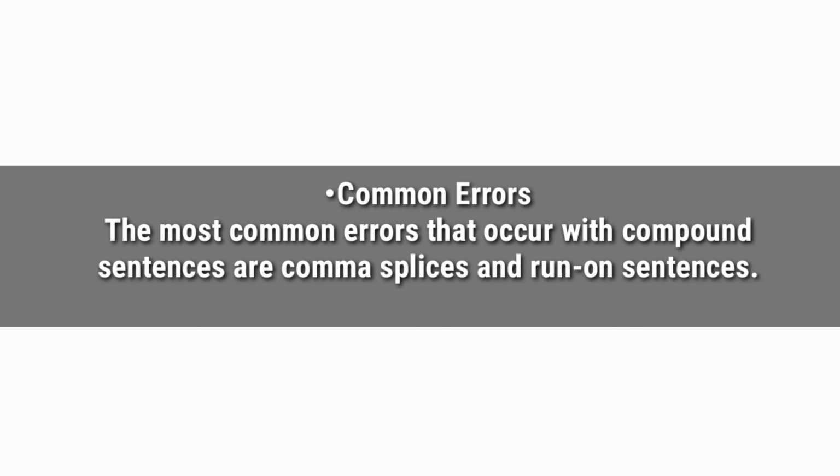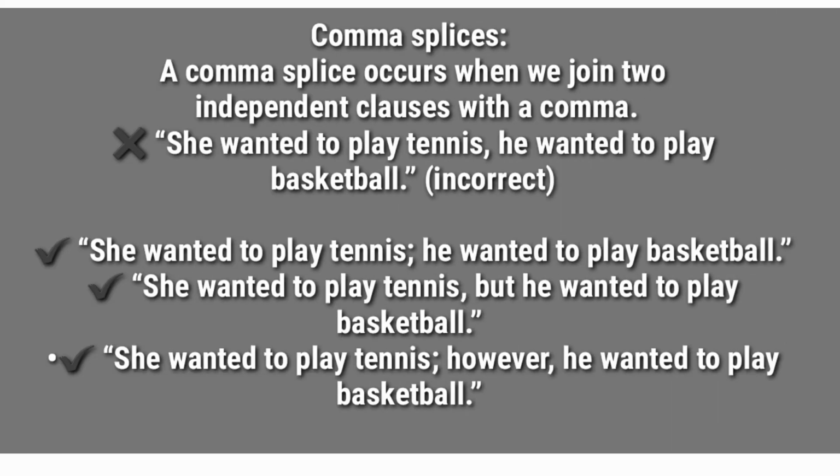Common errors. The most common errors that occur with compound sentences are comma splices and run-on sentences. Now, comma splices. A comma splice occurs when we join two independent clauses with a comma.